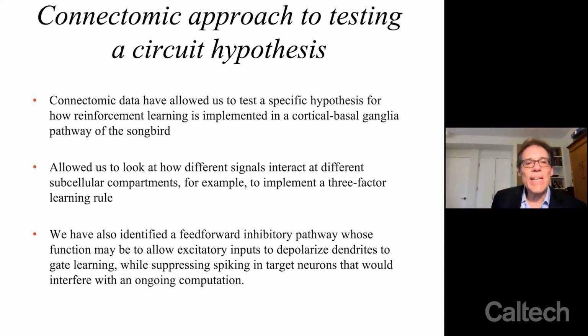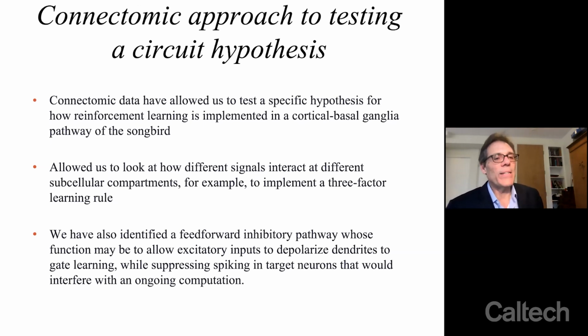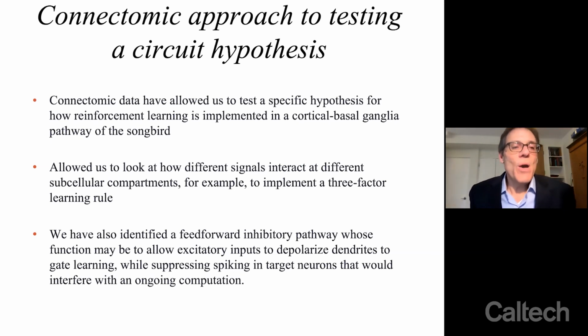It's allowed us to look at how different signals important for that learning process interact at different subcellular compartments, in particular to implement this hypothesized three-factor learning rule. And in the process of that, we've also identified a feed-forward inhibitory pathway whose function may be to allow excitatory inputs to depolarize dendrites to gate learning, while suppressing the spiking in those target neurons, which would interfere with the ongoing computation that those neurons are doing.